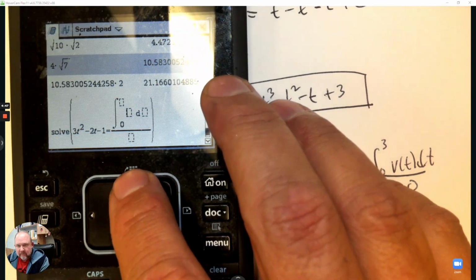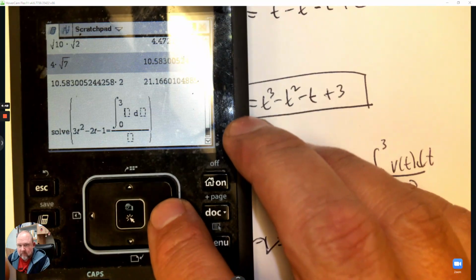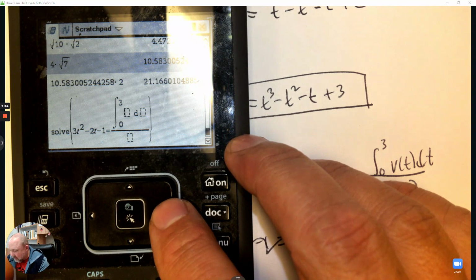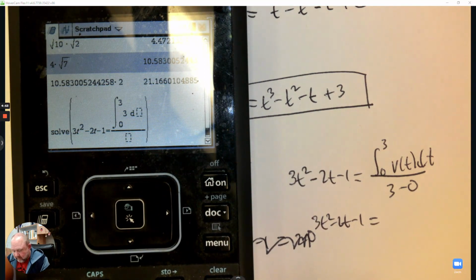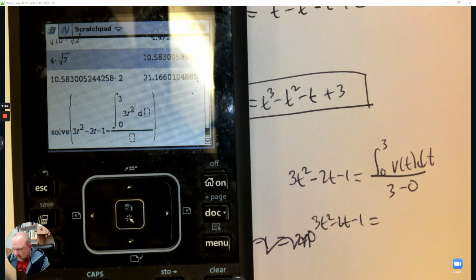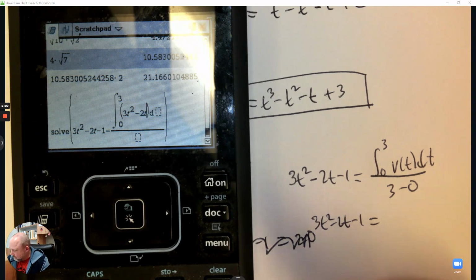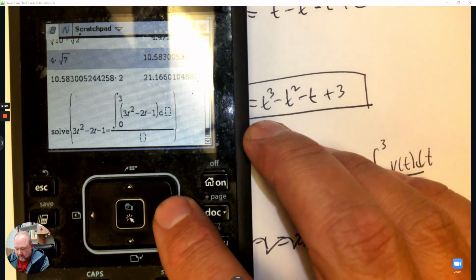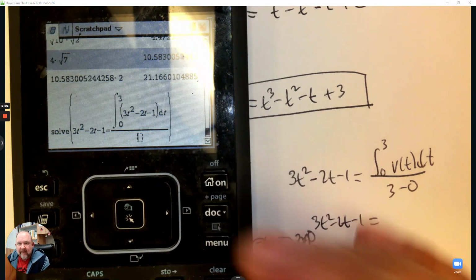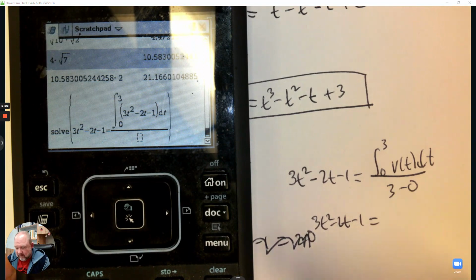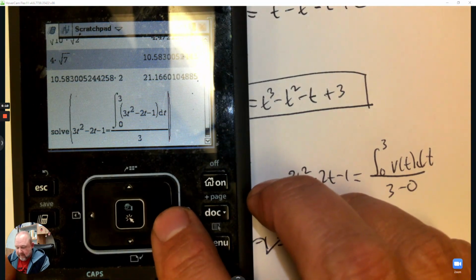Again, I'm going to type in the velocity, 3t squared, subtract 2t, subtract 1. And then in the denominator is 3 take away 0, which is just 3. Then comma t, and I'm going to hope this just solves it in one step.